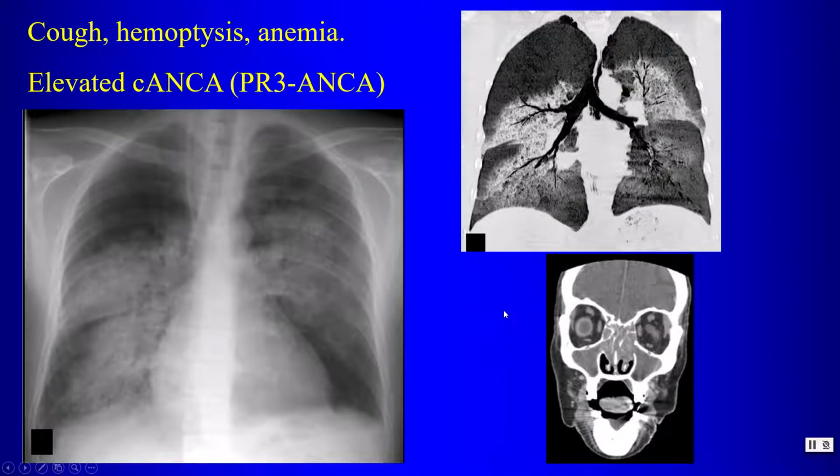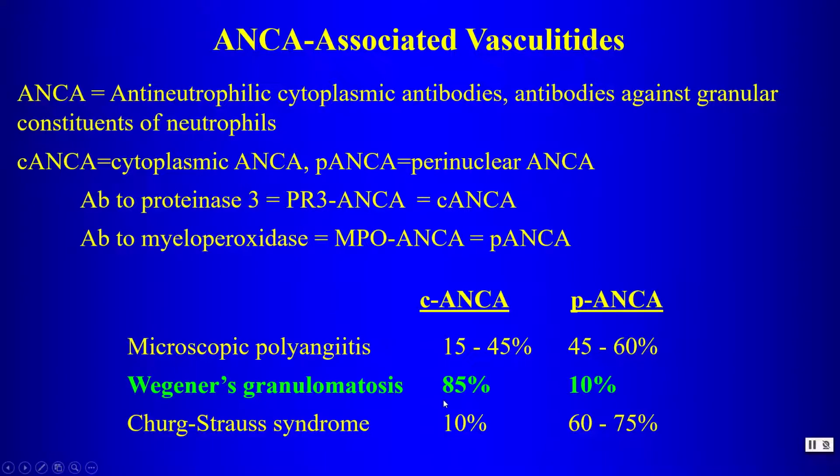If I tell you this patient has cough, hemoptysis, anemia, so here's pulmonary hemorrhage here with the consolidations on the chest radiograph, ground glass opacities on the CT, but there is elevation of the C ANCA, and notice that the patient also has pretty extensive sinusitis here with also involvement there of the nasal bones. So what does this represent?